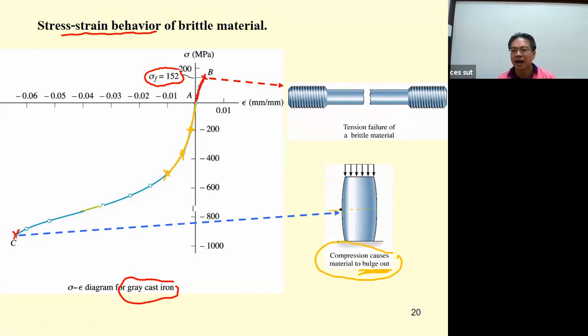That means the area of the cross section in this region is larger. So the cast iron material will have the ability to resist a higher force. Okay, and as you may know from the test, it's going to be higher than in tension, at least 4 or 5 times for gray cast iron.